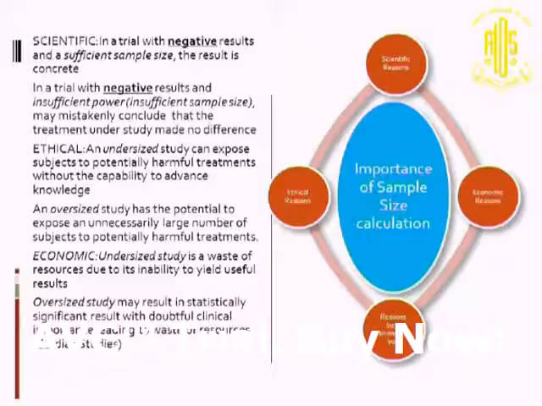Then of course is the scientific reason. If you do a study which does not have adequate power, then what you are doing is you're coming to a result which has no validation. Right? It does not prove what you're trying to prove. It could be due to a chance error. And then of course you have ethical reasons for calculating your sample sizes correctly.